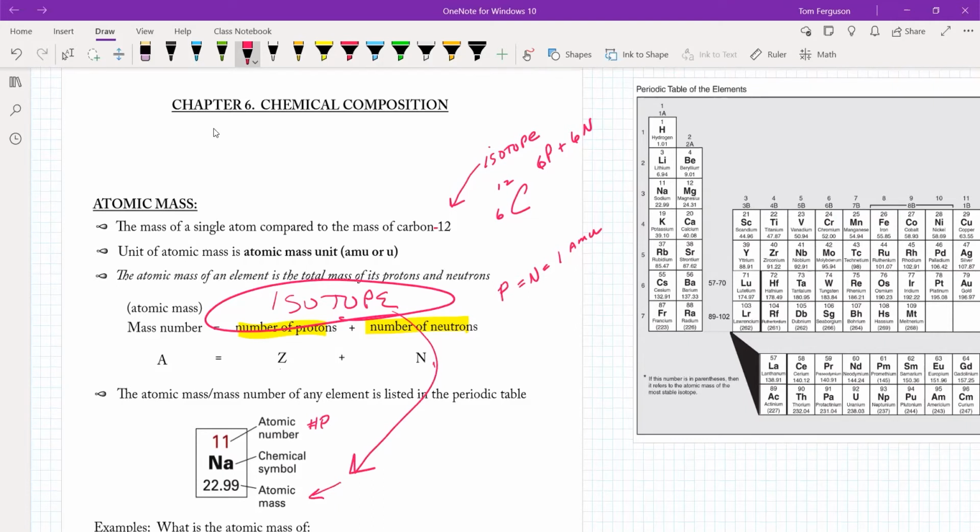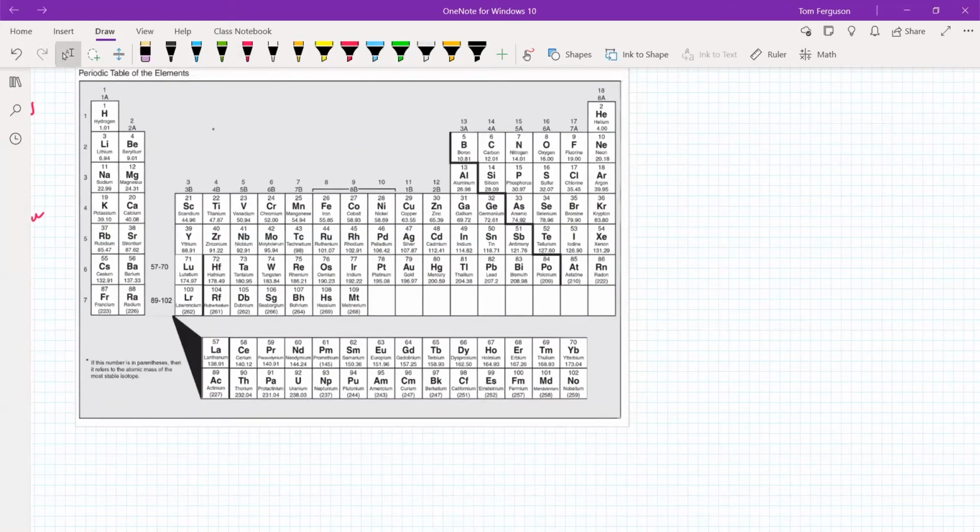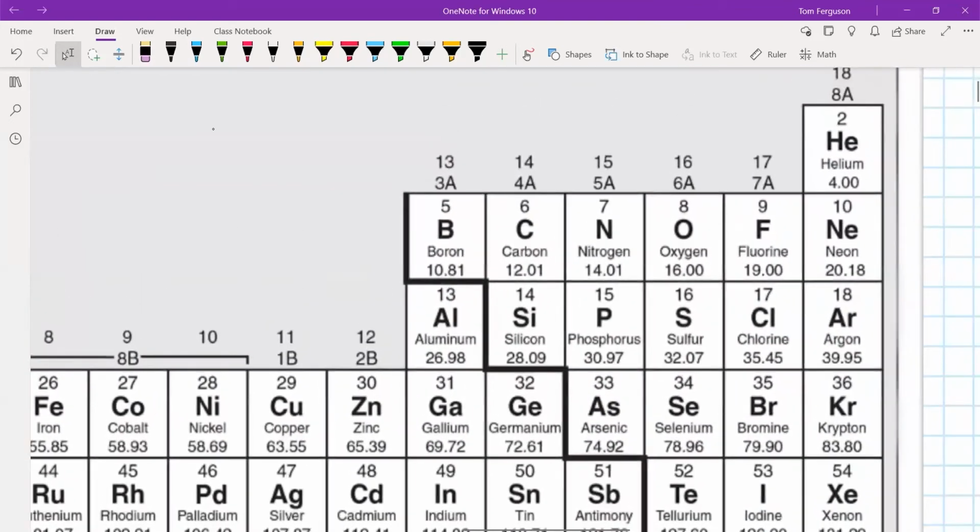Okay. And notice that atomic mass is not an integer down here, it's a decimal. That's because the atomic mass represented in the periodic table represents all the isotopes of a particular element. In this case, we're looking at, for example, carbon. Carbon has an atomic mass of 12.01, not 12. That means there are other isotopes contributing to that average atomic mass.